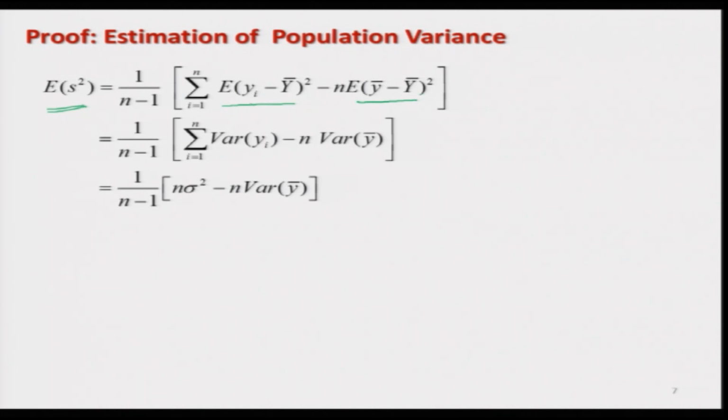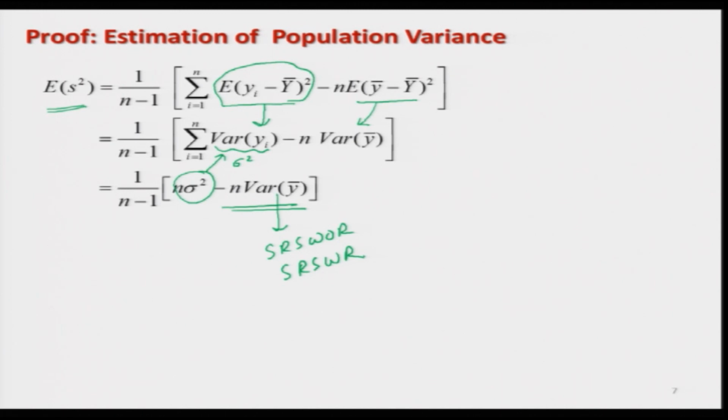You can see this first quantity is nothing but the variance of y i, which you have assumed to be sigma i square. So this becomes n times sigma i square. For the second term, the expected value of (y bar minus capital Y bar) whole square is the variance of small y bar. Now I substitute this variance of y bar under two situations, SRSWOR and SRSWR, and simplify it.